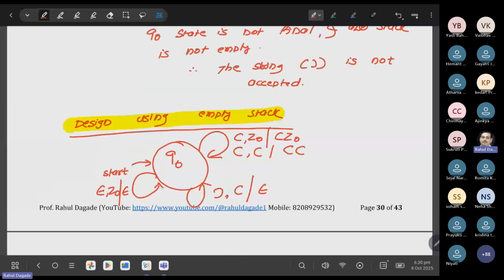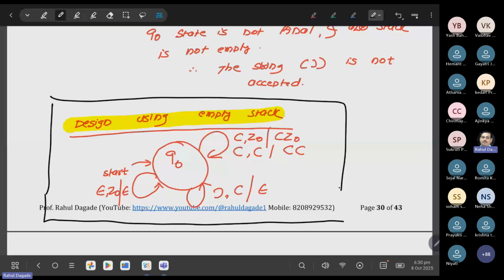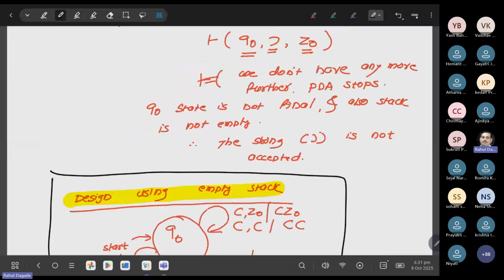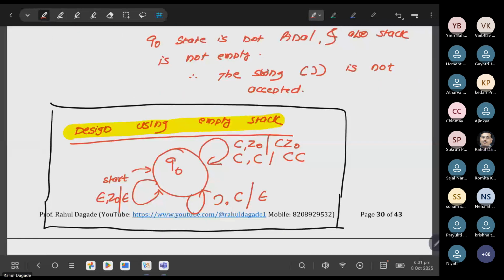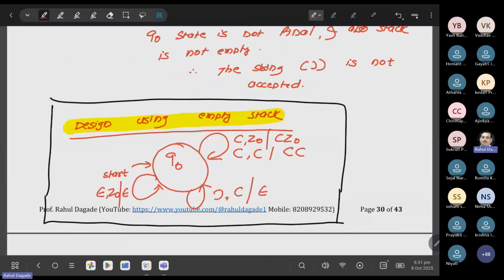Okay, so this is a PDA using empty stack. Now all of you can show the simulation here.